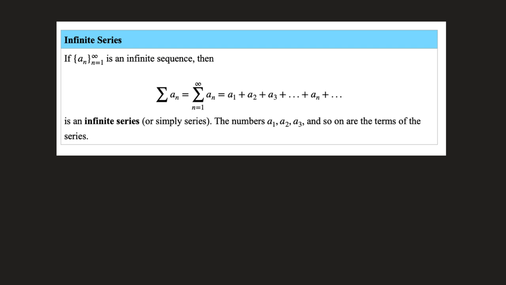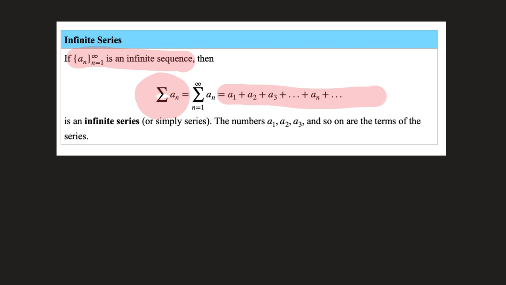Let's talk about infinite series. In the previous slides, we defined the partial sum from the sequence. An infinite series means that, given an infinite sequence right there, we add all of the terms in the sequence. The notation is the summation from n equals 1 to infinity of An. That's what we call an infinite series.